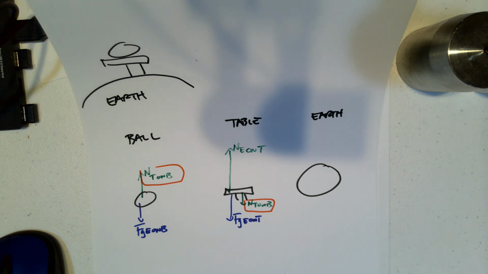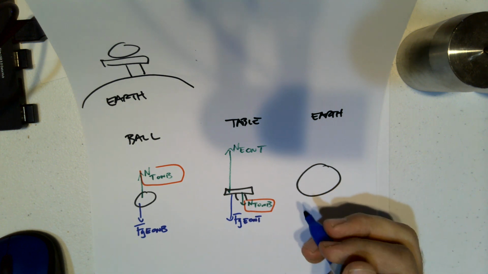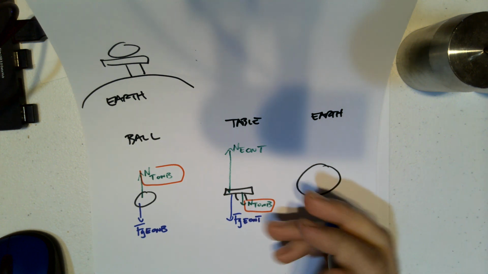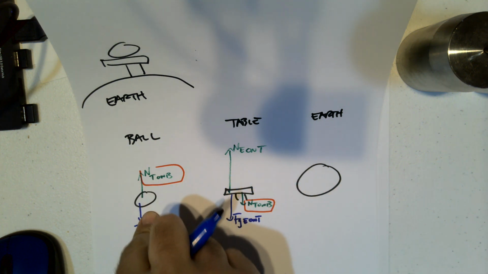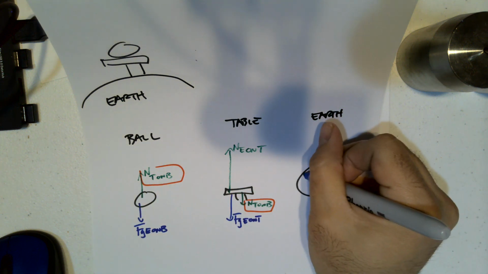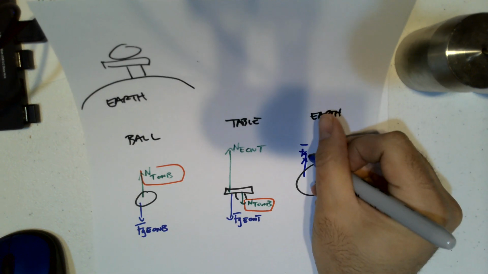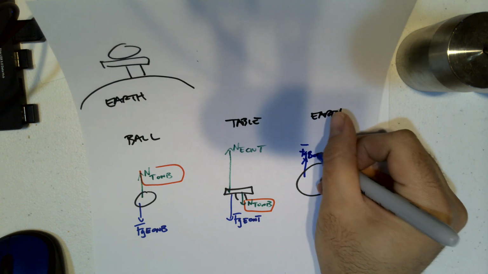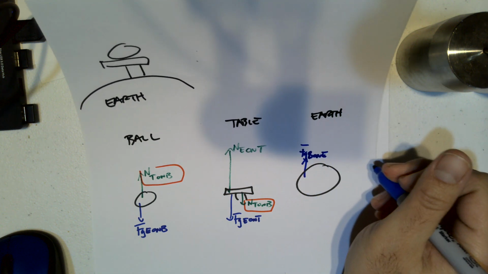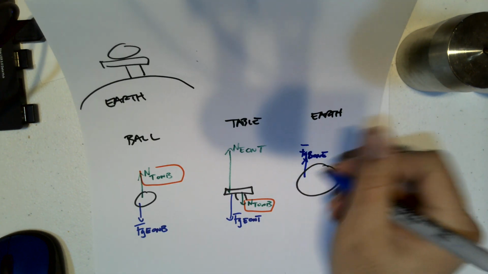So the force of gravity is the weird one because you and every other object around you has gravitational pull as well. The Earth doesn't just pull the ball down, the ball is simultaneously trying to pull the Earth up. So there's a force of gravity acting on the Earth that comes from the ball. Let's call it B on E. And then same thing for the table.